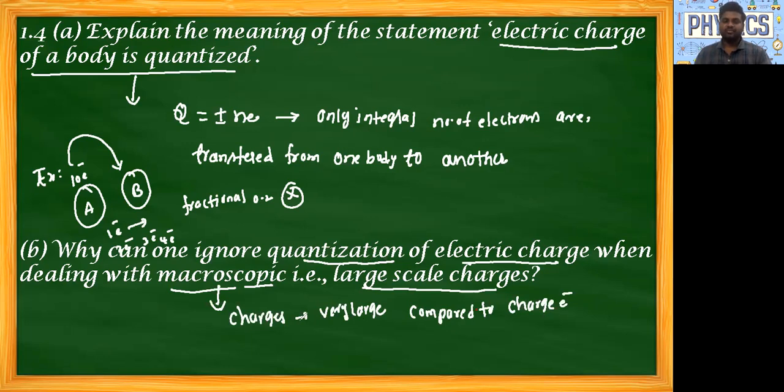Here the electron charge is 1.6 into 10 to the power of minus 19 coulomb, but here we are taking 200, 300 coulombs, which is a very large value compared to this. So we cannot apply the quantization condition, and on a large scale the charge is continuous.